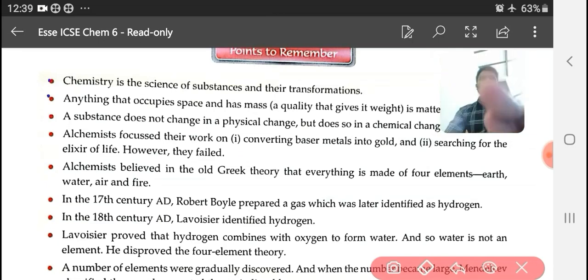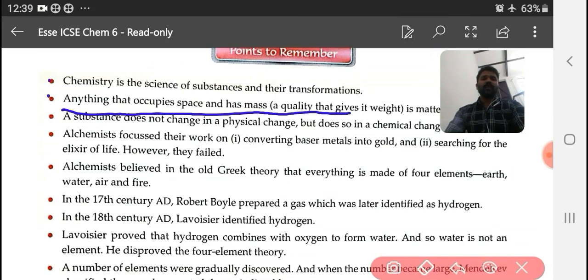The second point: anything that occupies space and has mass, that gives it weight, is matter. You can cancel the part about weight if you need; if it is there also, no problem. That's correct only.